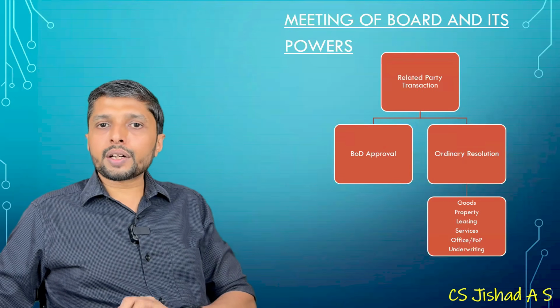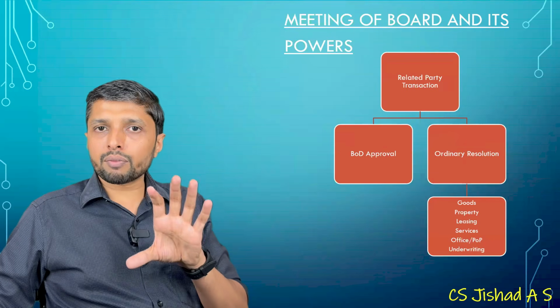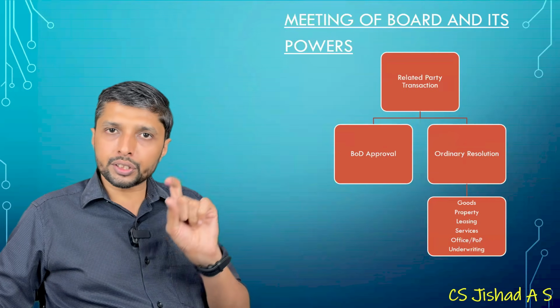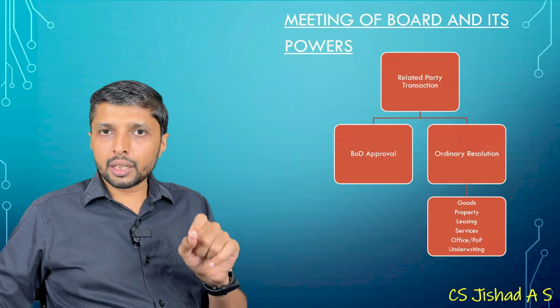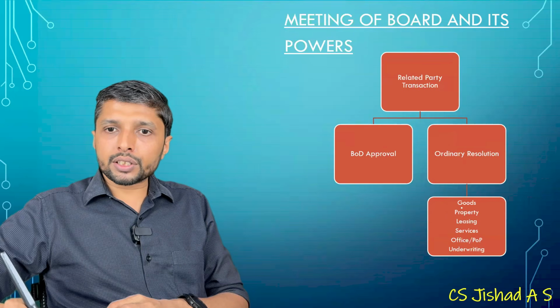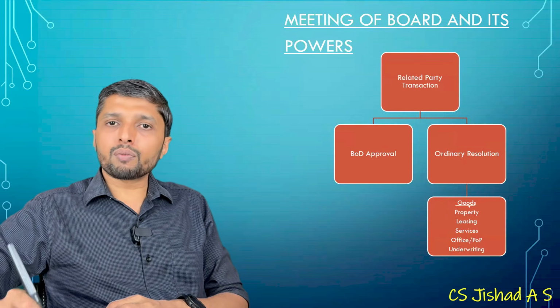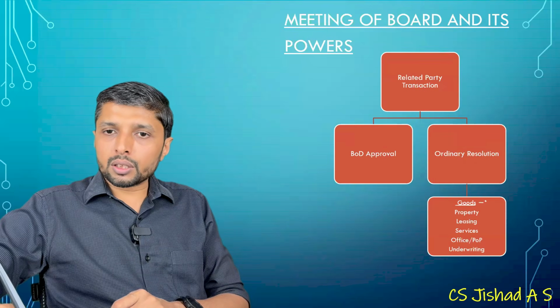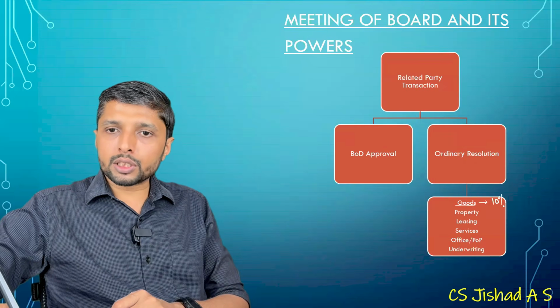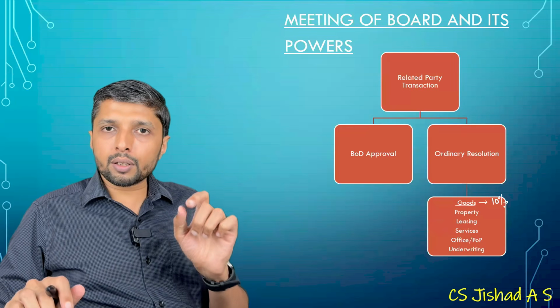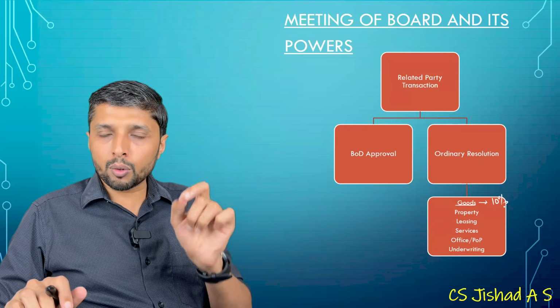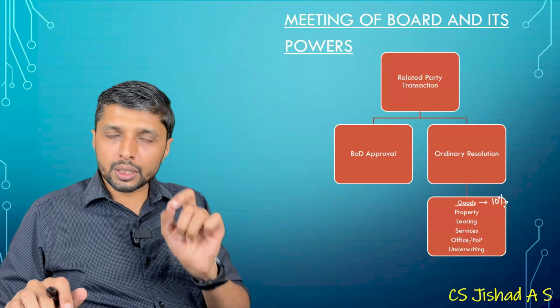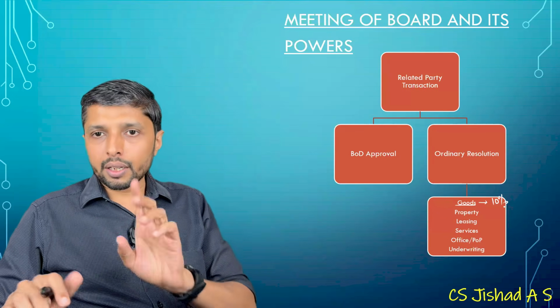Then related party transactions. There are two kinds of approval in related party transactions: board approval and ordinary resolution. If the transaction is in respect of sale or supply of goods or material, the threshold is 10% of turnover. If the aggregate or individual transaction amounts to 10% of turnover, you will require an ordinary resolution.